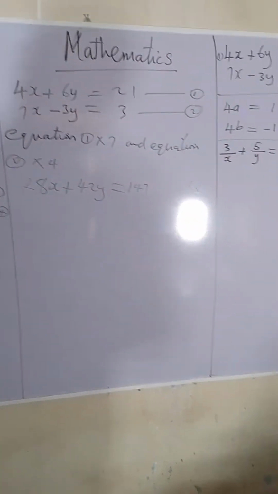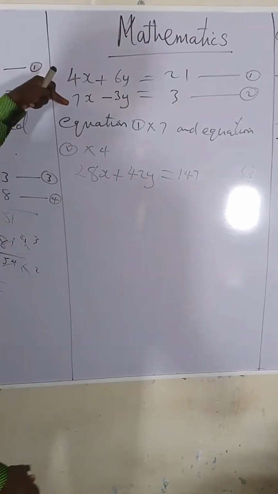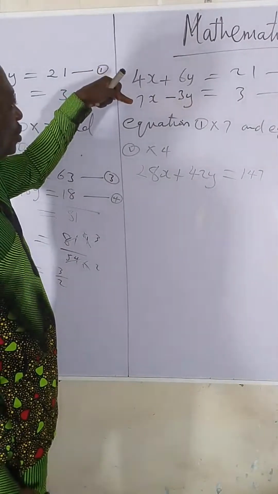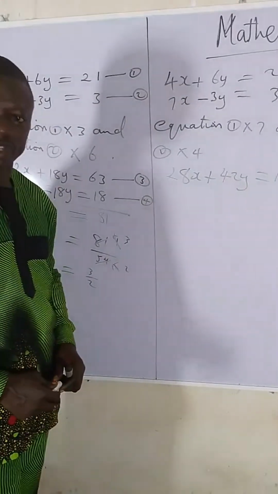Now we go ahead to say equation 2 times 4. That means this coefficient should be multiplied to get an equal coefficient. And because we want to do it, we multiply everything in order not to create a different question.